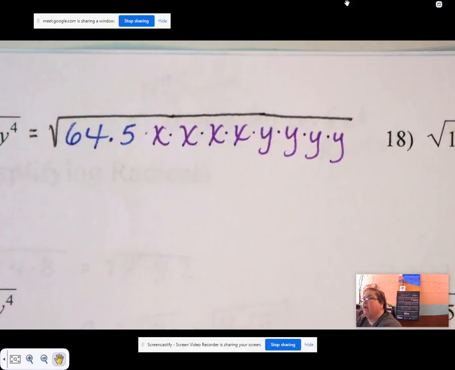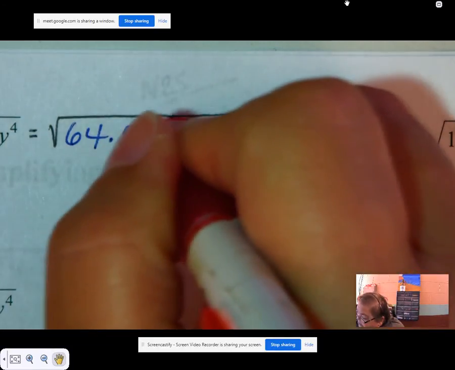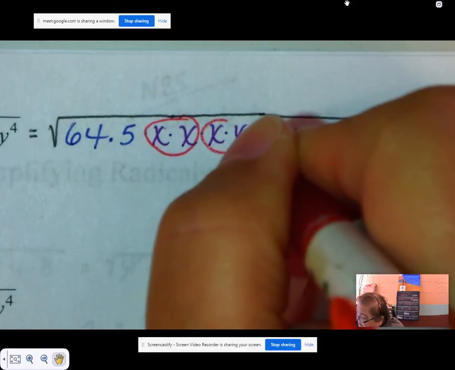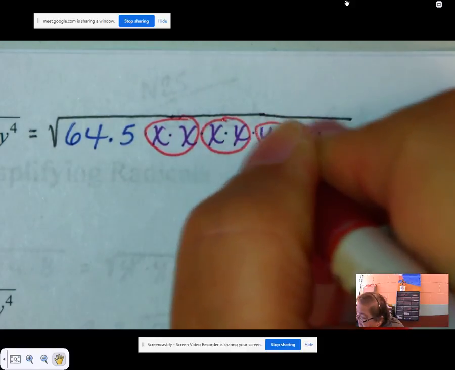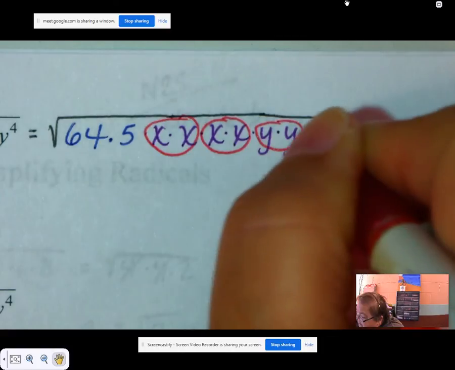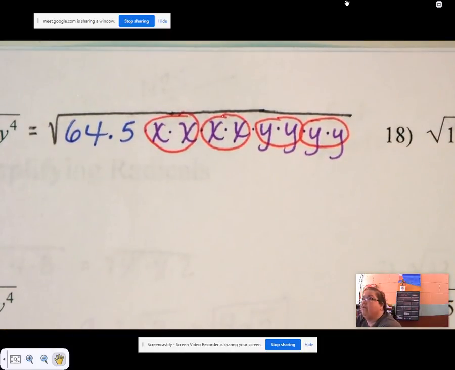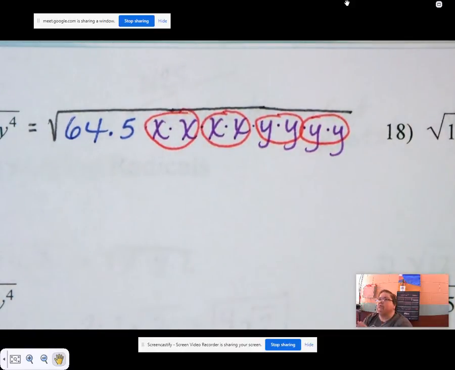So here is how it works. For every 2, I'm going to circle it because it takes 2 to place outside the radical. So I'm circling them by 2's.